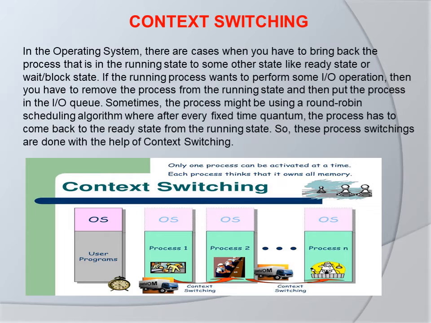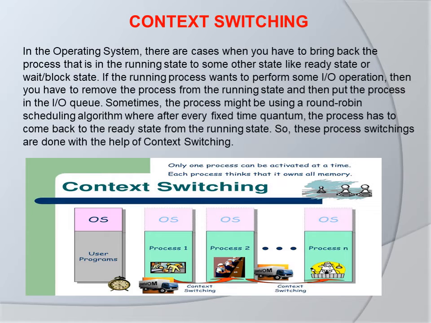If a particular process is in the ready state and it goes to the running state, then from the running state, because of some particular reason, either a requirement of input output resources or a higher priority process comes, that process has to go from running to some other state, either wait or block. So it has to move back to the situation where it stops its execution.